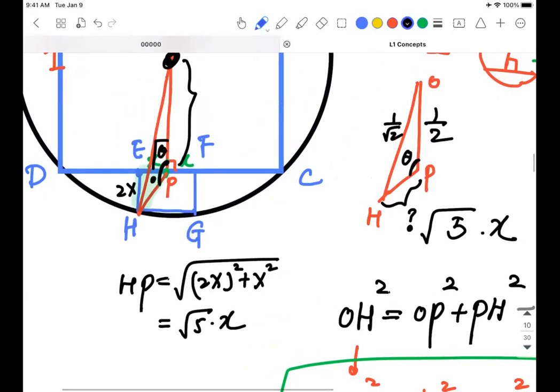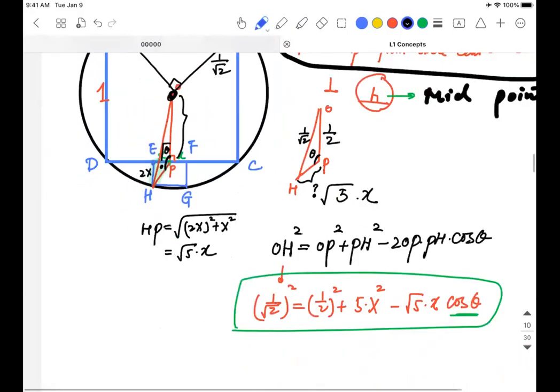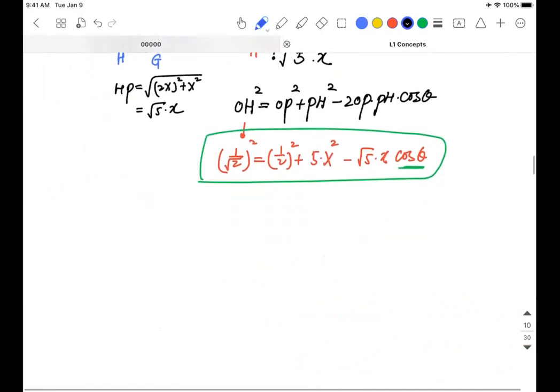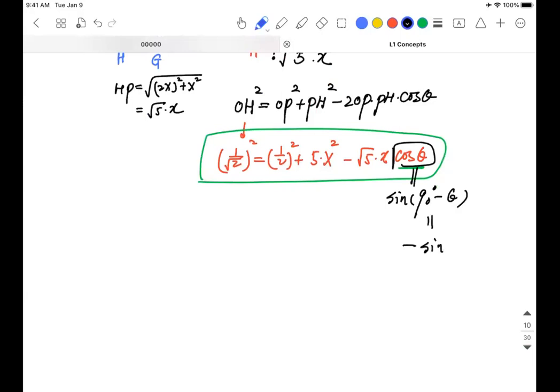I'm not so sure how to do cosine theta directly, but I can use some very tiny cofunction. Cosine theta equals what? Equals sine of 90 degrees minus theta. A little bit of tiny cofunction. And this sine of 90 degrees minus theta actually equals minus sine of theta minus 90 degrees.